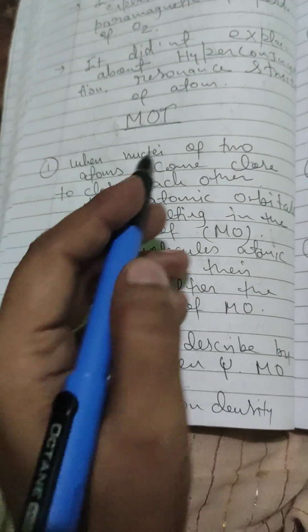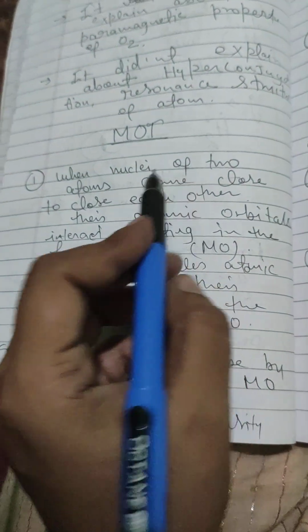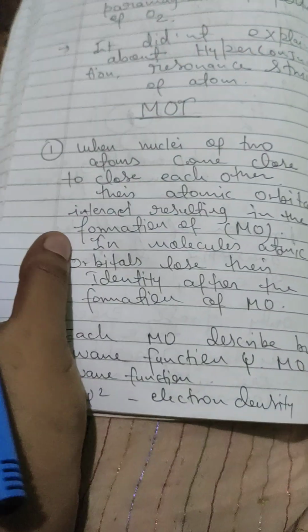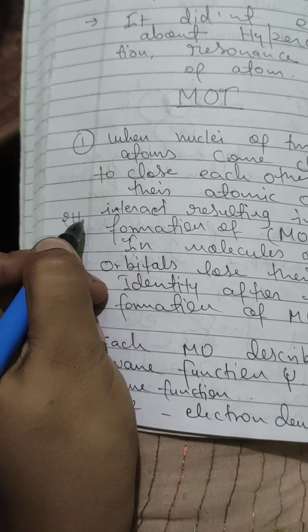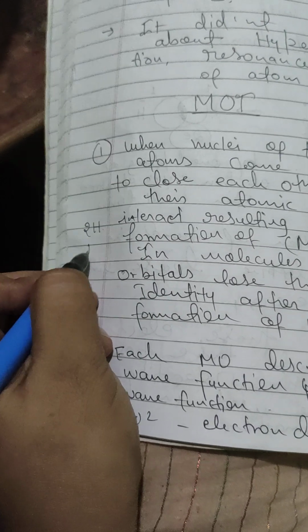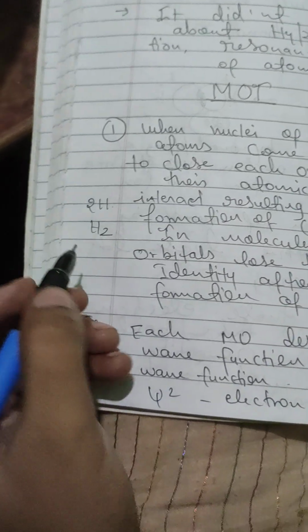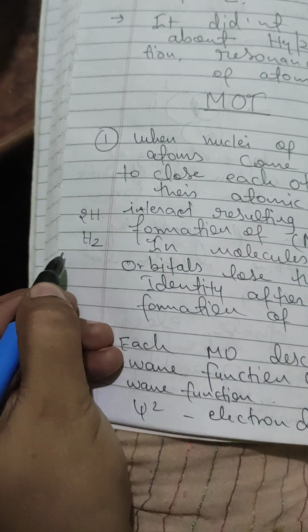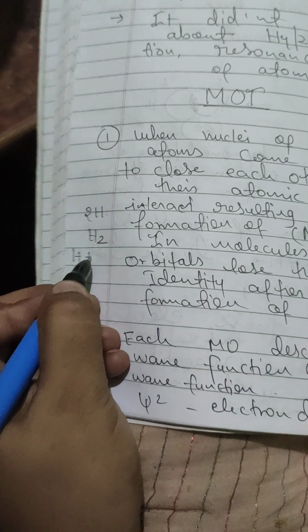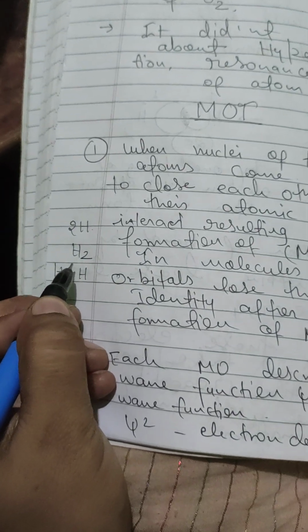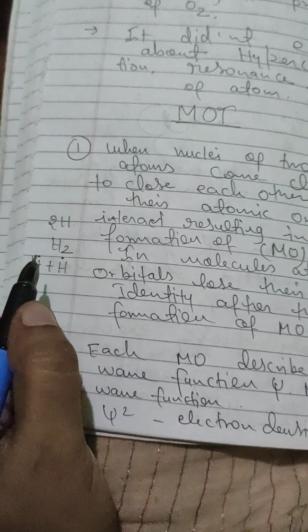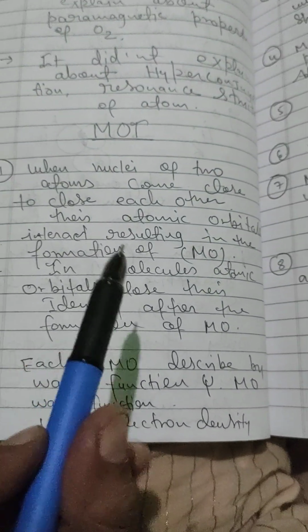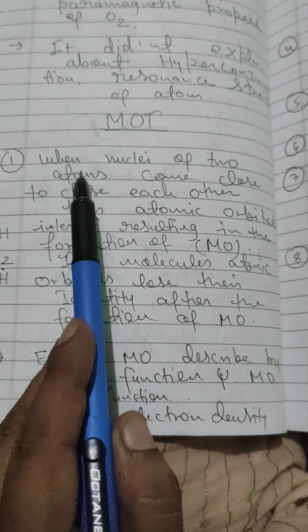Suppose when nuclei of two atoms, like two atoms of hydrogen, H2 like this. So two atoms of hydrogen, they each have one electron. So what does the theory say?